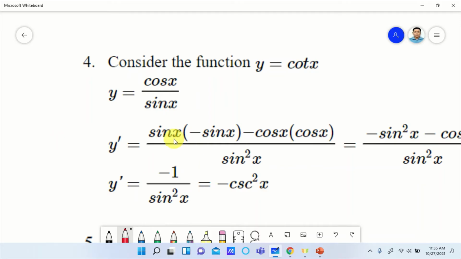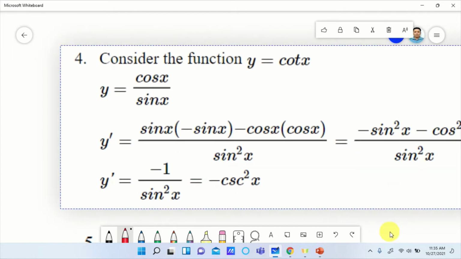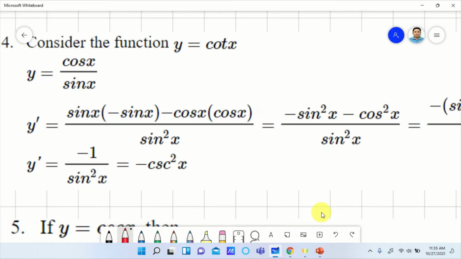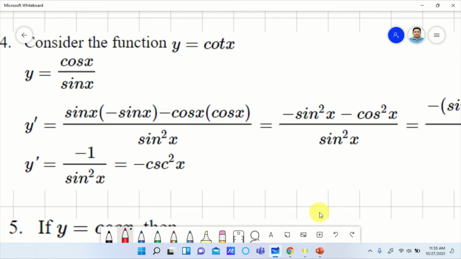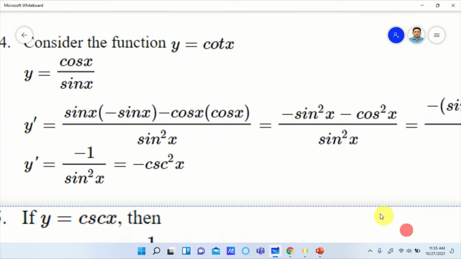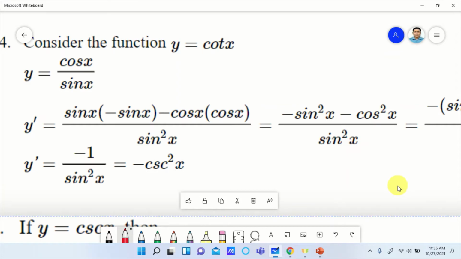So sine x times the derivative of cosine x, that is negative sine x, minus cosine x times the derivative of sine x, which is cosine x, all over sine x squared. Then simplifying further, we have negative sine squared x minus cosine squared x all over sine squared x.